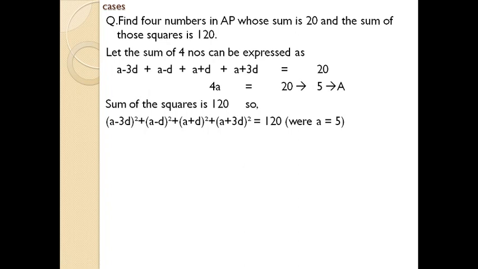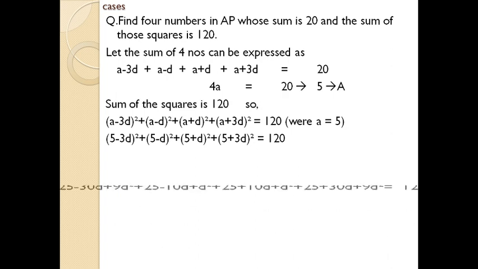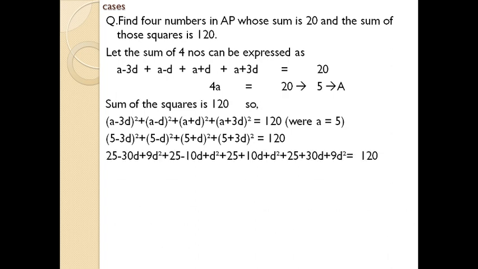By substituting the value of a in the same equation and using the mathematical step of a minus d or a plus d the whole square, you can arrive at 25 minus 30d plus 9d square. These terms came from the first bracket, that is 5 minus 3d the whole square. We all know the a minus d the whole square situation. Followed by 5 minus d the whole square, you will get 25 minus 10d plus d square.